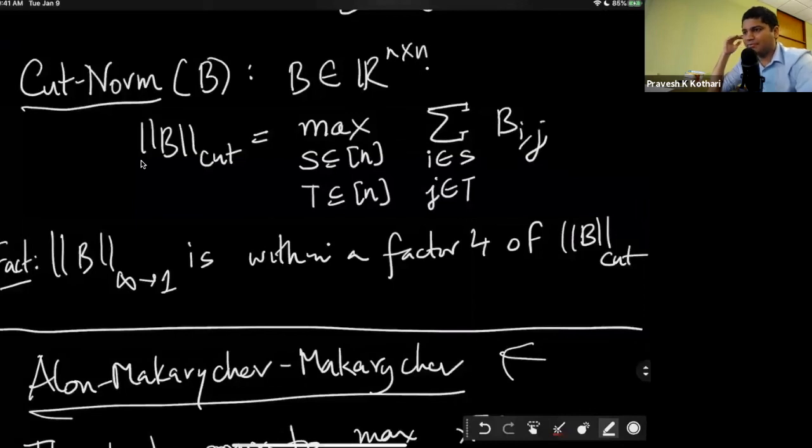All of these lower bounds, for all the problems that we saw today, were eventually proven using explicit matrices.